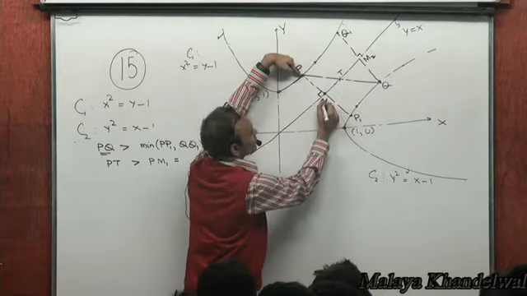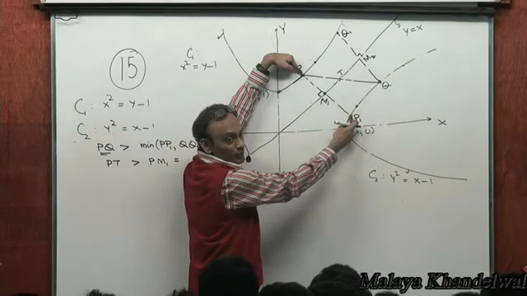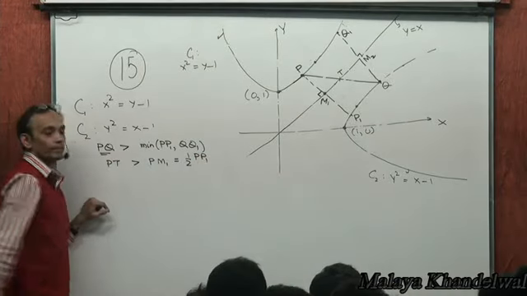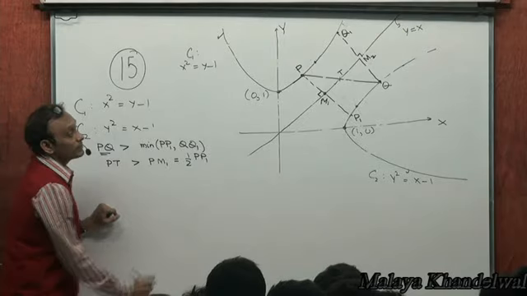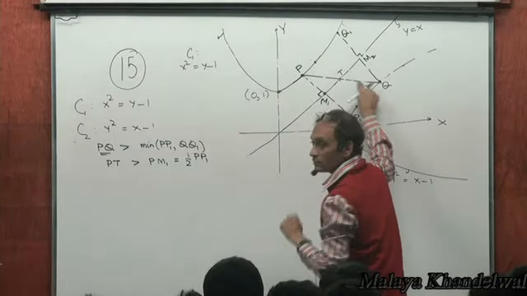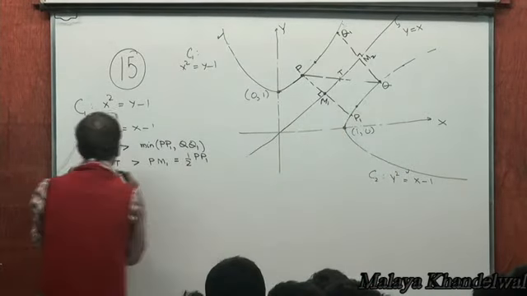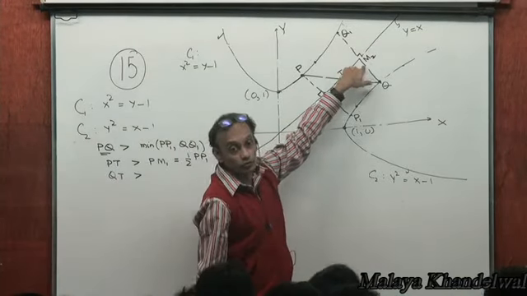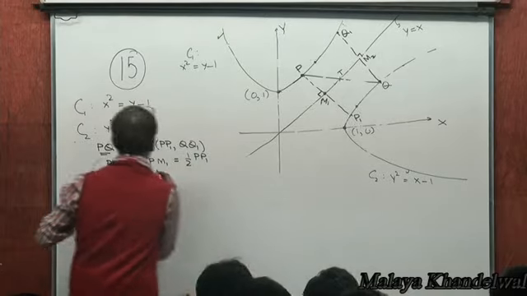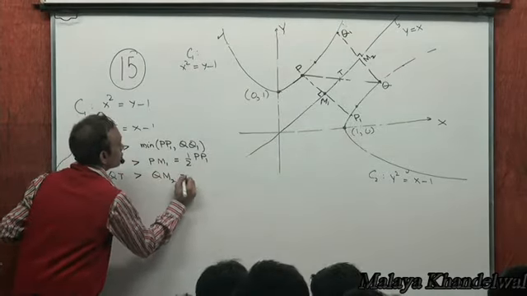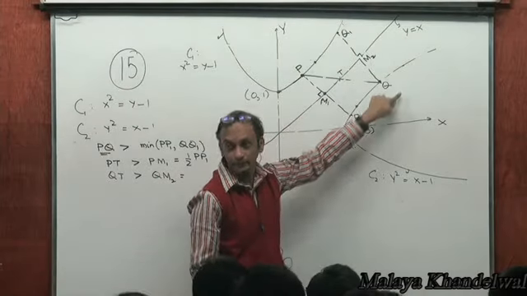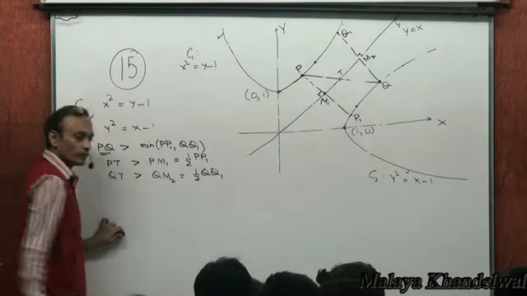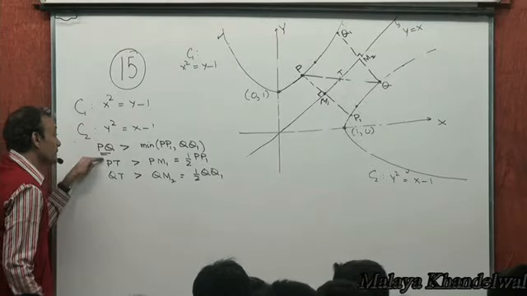Similarly, QT must be greater than QM2. But what's QM2? Half of QQ1. Yes.